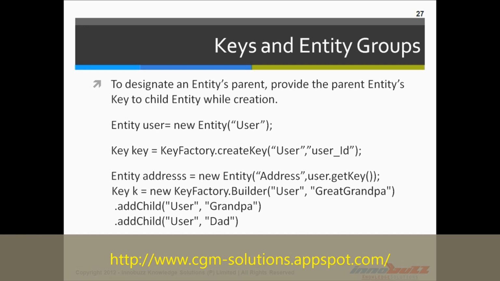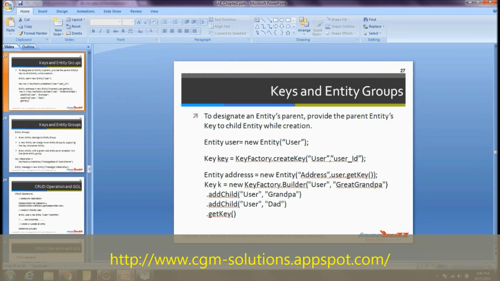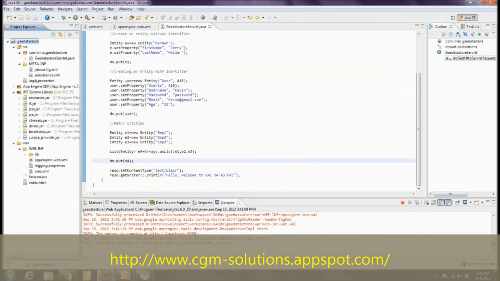So it is making a parent-child relationship and making an ancestor path. By using KeyFactory.Builder, we are able to get the key of the ancestor entity. Let's go ahead and create the key in Eclipse, and with KeyFactory.Builder we can get the ancestor key.